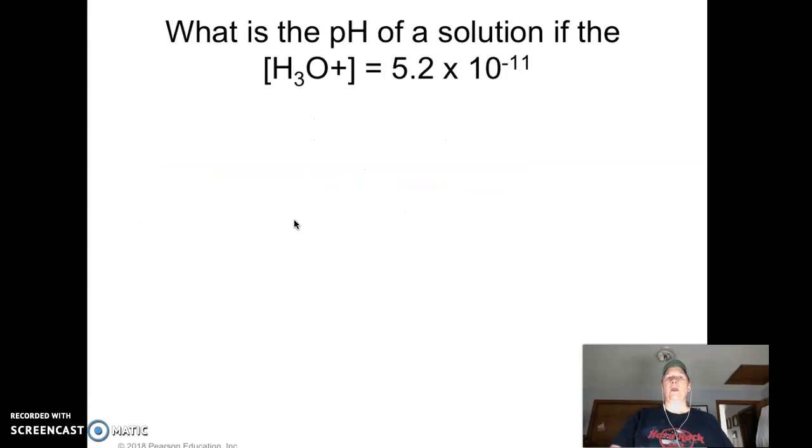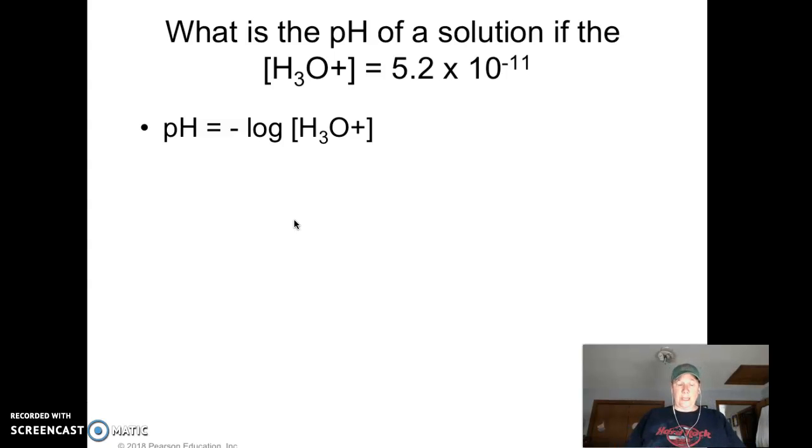Okay? What is the pH of a solution if the H3O equals 5.2 times 10 to the negative 11th? Okay, pH equals the negative log. So what you can do on your calculator is go log. Oops, mine you have to do the number and then log.